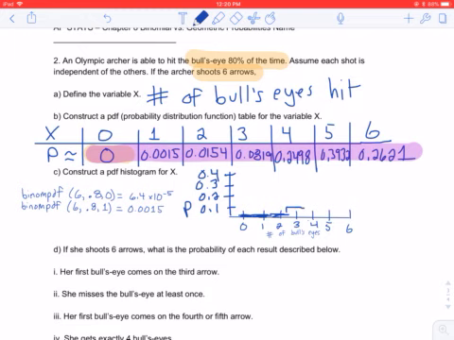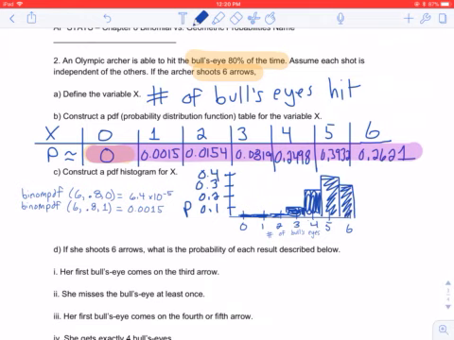My probability for 4 is going to get pretty big, so that's when my axis starts getting a bit bigger here. For 5, this is when it gets really big. It's almost up to 0.4. And then for 6, the probability of hitting it 6 times is going to be a bit lower, but just slightly higher than 4.